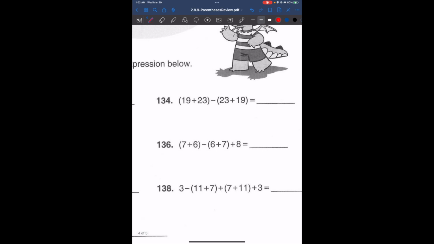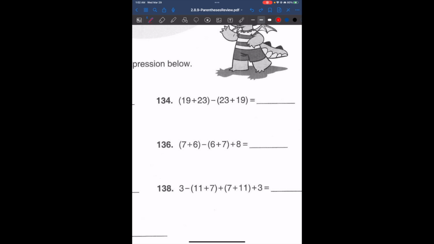So this is basically same number minus itself, so that is going to be 0. For this, the order is switched up, but it's still 19 plus 23, 23 plus 19, so we're adding the same numbers. The order is just switched up, but we're basically doing the same thing.